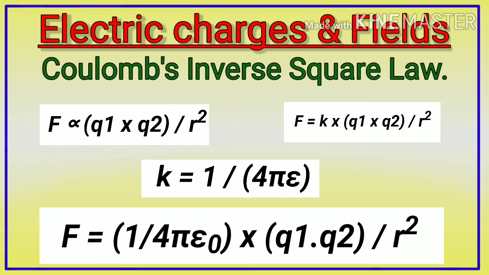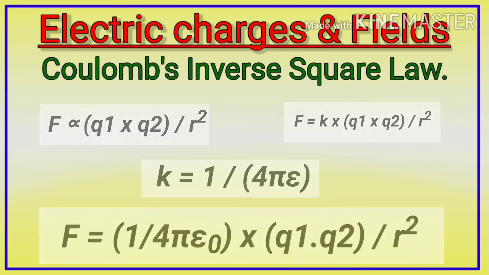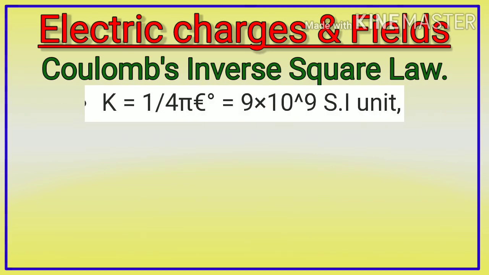Where 1/(4πε₀) is equal to 9 × 10^9 newton meter square per coulomb square. Here ε₀ is the permittivity of free space or vacuum.